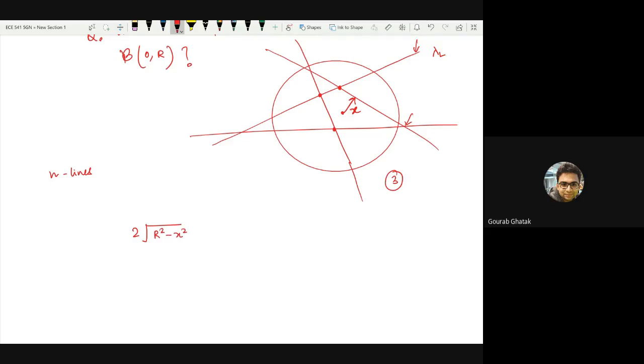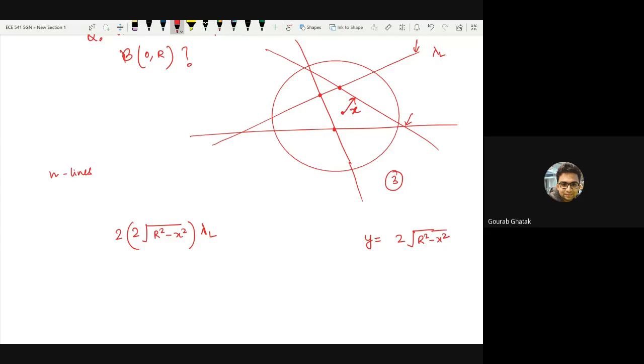And how many intersections does it create on average? We just did it. It's the length of the chord, which is twice this distance, multiplied by lambda L. Of course, it's Poisson distributed, but we take the expected value. A good way to do it is to define a parameter y equal to 2 square root of r square minus x square.